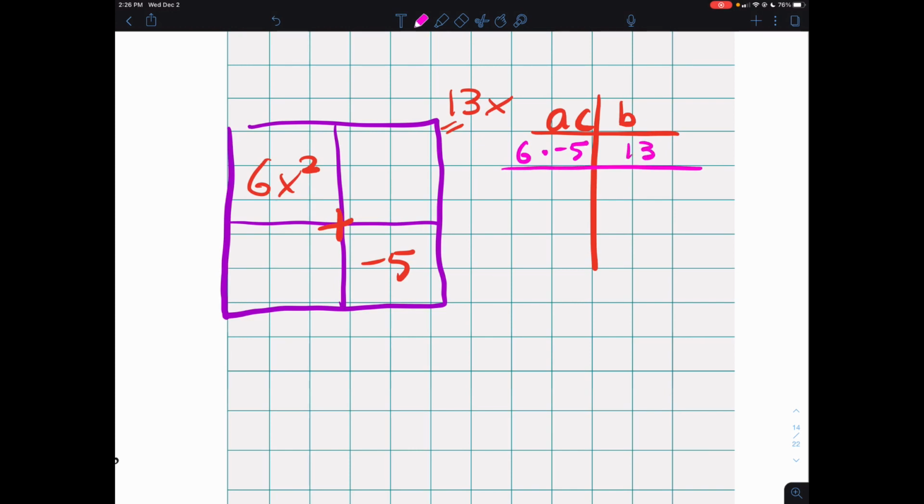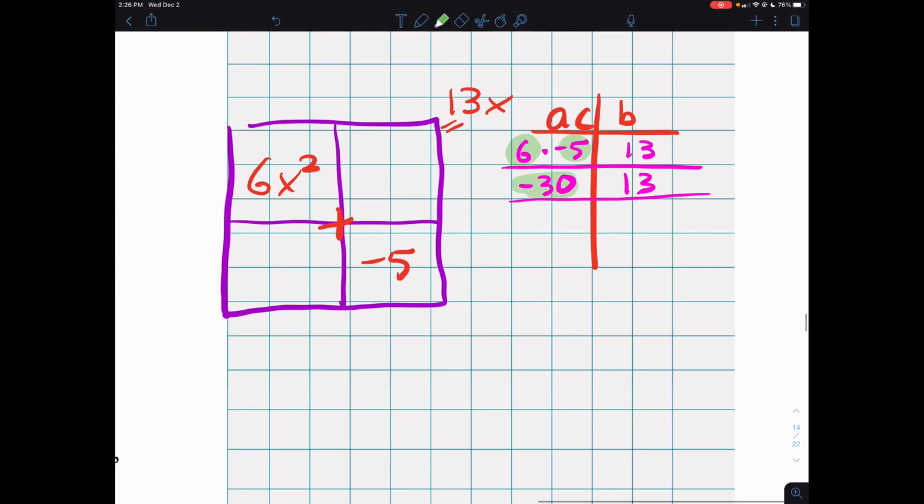So this is a little different. When I do A times C here, I'm going to get negative 30. I'll bring the B down there. So I'm looking for factors of negative 30 that add up to 13. So let's take a look. Since this is negative, that means our signs are going to be different. So we know we could do negative 1 times 30 or 1 times negative 30.